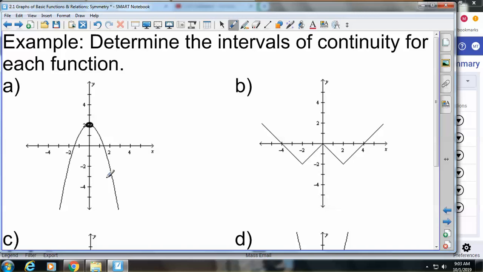It is not continuous at 2. So that means it is continuous. If I ask for that interval, what would it be? Negative infinity, comma. Now careful, I want the x value. What's the x value? 0. Union 0, comma, infinity. So even though it's very easy to look at it and state that y, you have to give me the x.